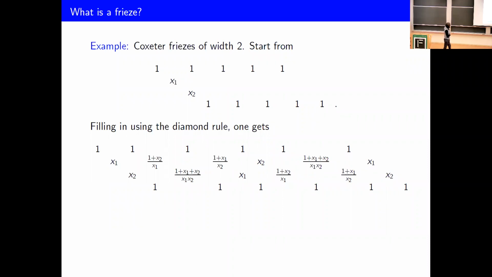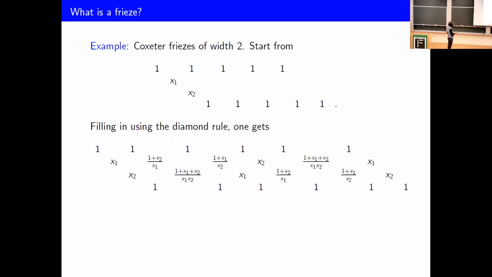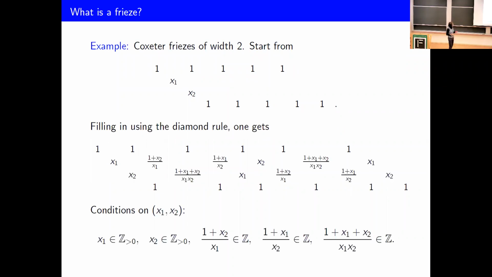Now, anybody who has seen the definition of a cluster algebra will recognize this. The conditions on x1, x2, the first two numbers: first of all, they must be positive integers, and all these newcomers also have to be positive integers.